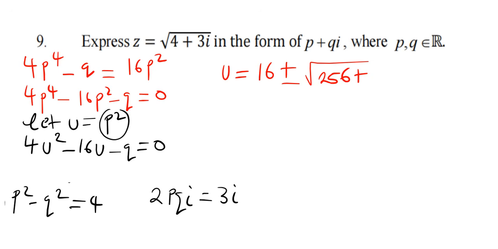Plus 4ac, for our a is 4, c is 1. So a is equals to, we're saying b squared minus 4ac.